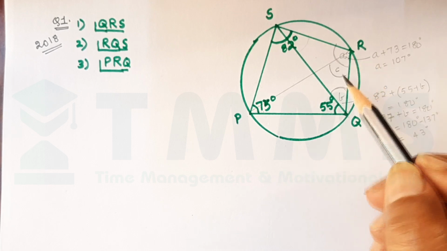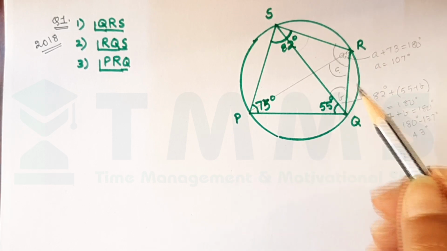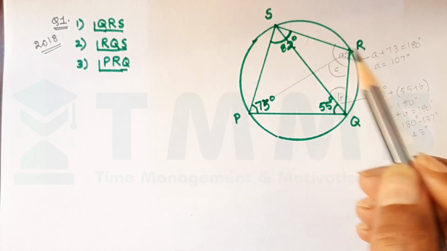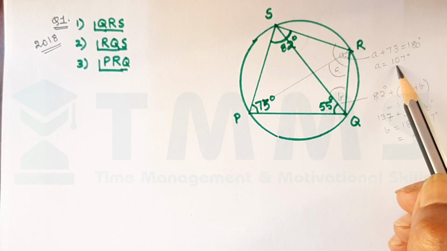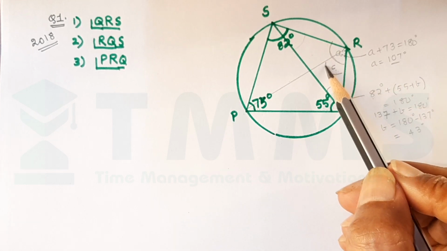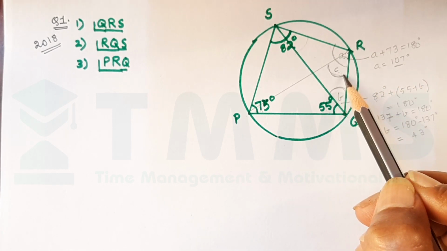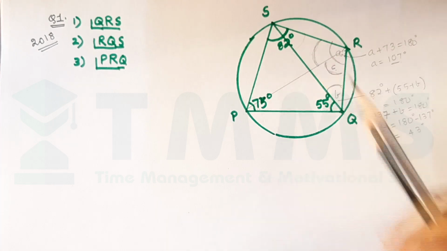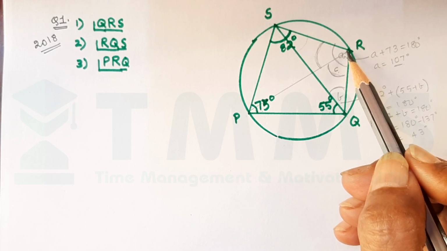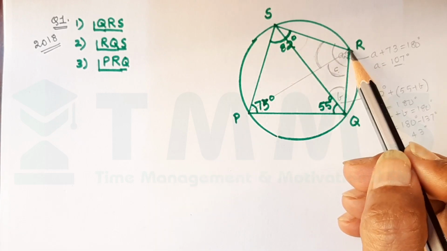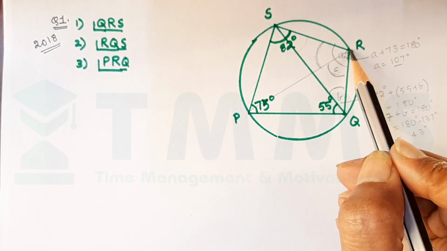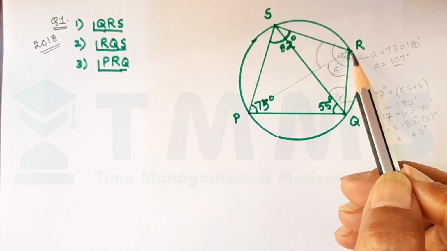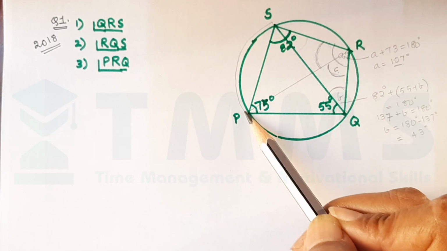Alright. So now we have to look at our C. How do we look at this C? Now C is connected with angle QRS. This full thing is 107 and this is part of that 107. Can you see that? So can I possibly find this angle? How will I find this angle? I will have to look at the end points of this angle. Starting from vertex R, let us look at the end points S and P. Can you see? We are going this way and this way. And so we get which arc? Arc PS.